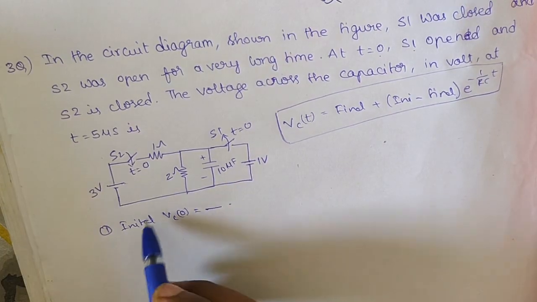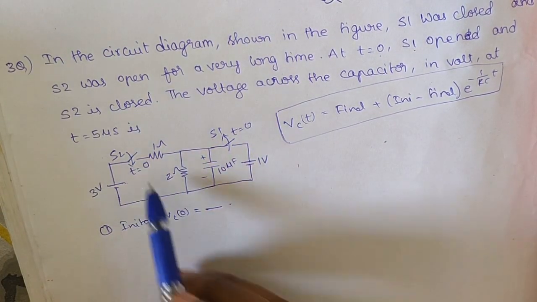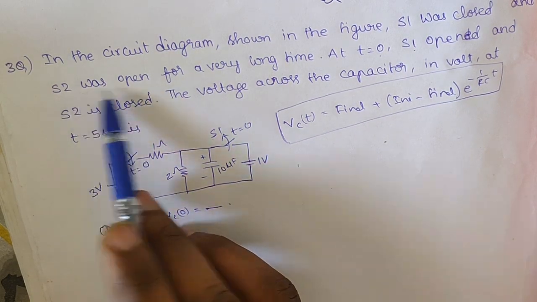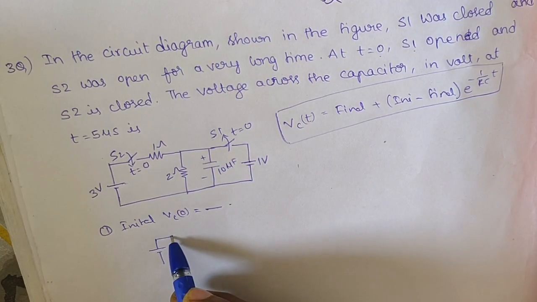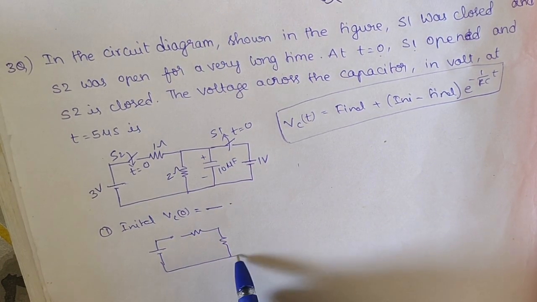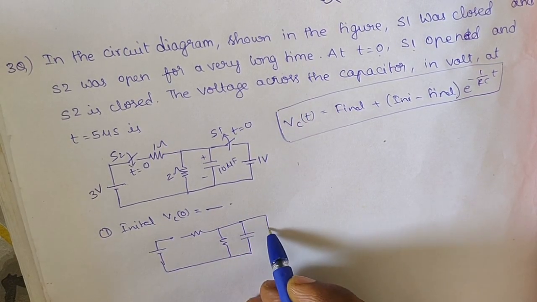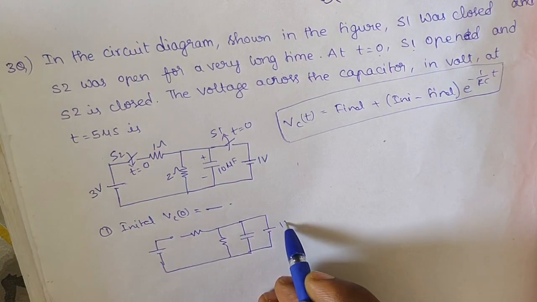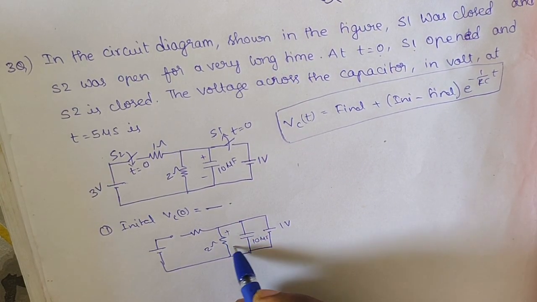In this state, S2 is opened before switching. That means I will redraw the circuit. S2 is opened: 1 volt, 10 microfarads and 2 ohms.